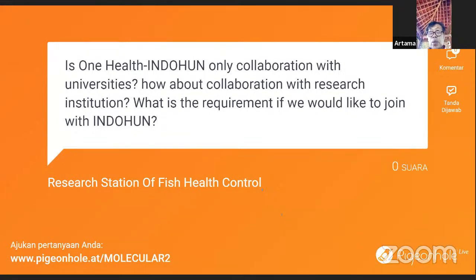But we want to extend the collaboration to departments and also institutions, not belonging to Indohun, because Indohun is a university network. This is a One Health network, not Indohun. But we already have collaboration with the Department of Agriculture and the Department of Health, and also many different institutions outside universities.